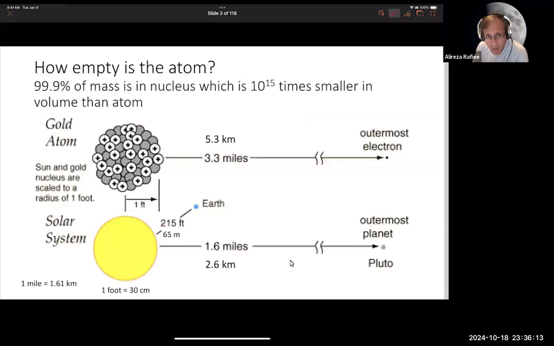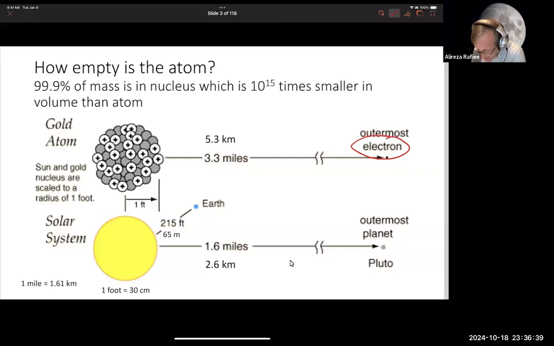Now, if you remember, previously we talked about the size of the atom. An atom is the smallest element in the universe with the same chemical properties, but atoms are not the smallest fundamental particles in the universe. You can break an atom into several different particles, including electrons, protons and neutrons.